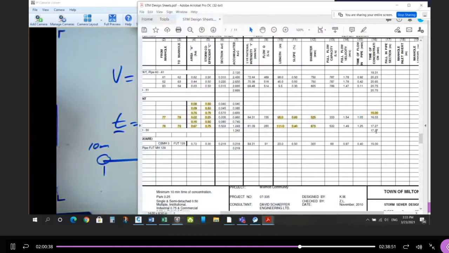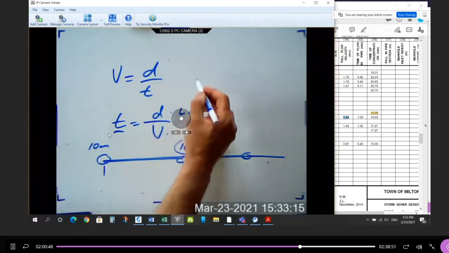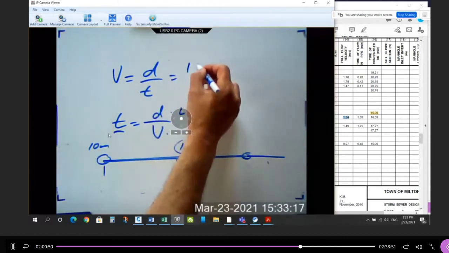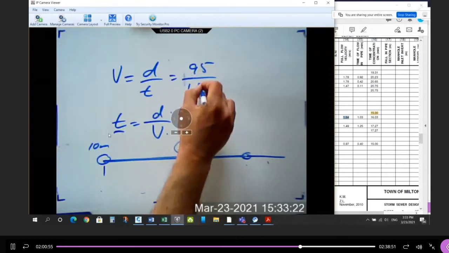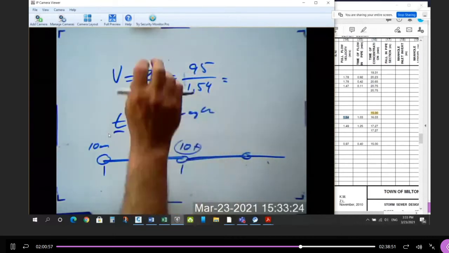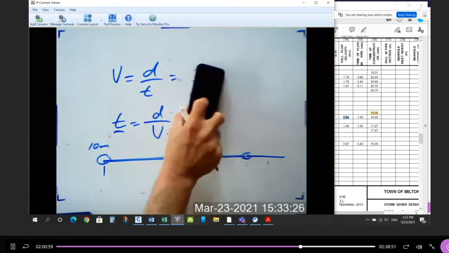And if you look at the calculation, you'll see, if you take here the velocity, 1.54, and the distance 95. Sorry, wrong calculation here.